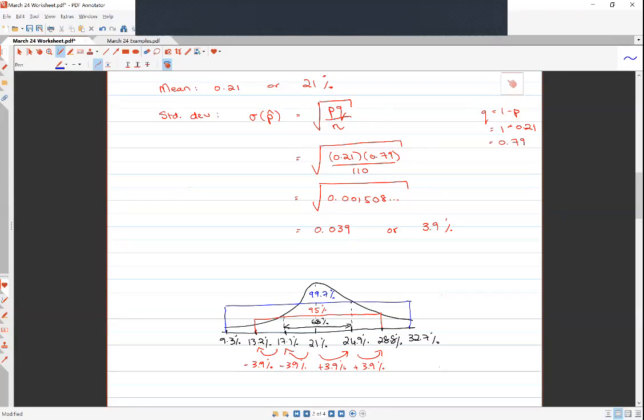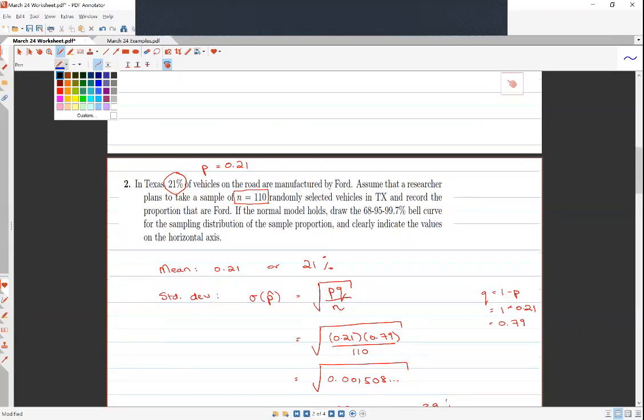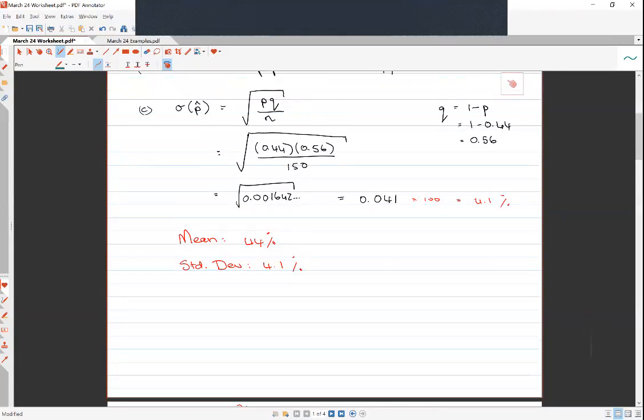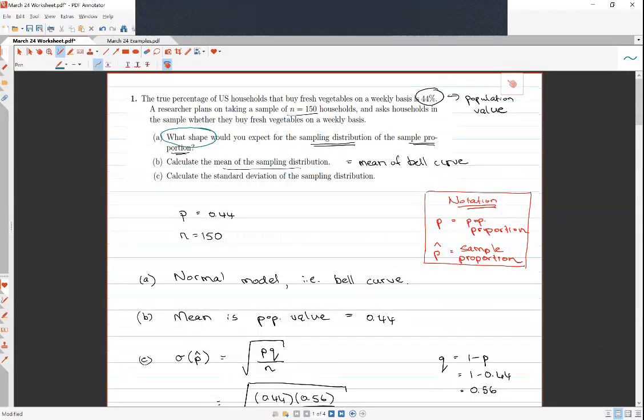On these questions, are we assuming the normal model applies? Yeah, so the way the questions will be formulated, one of two things will be true. It will either explicitly tell you that the normal model holds, as in this example, or if I scroll back up to my previous example, it asks something about the shape.